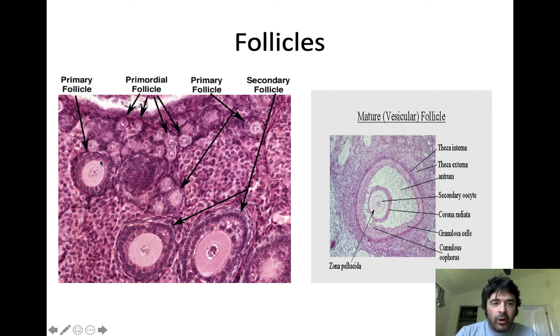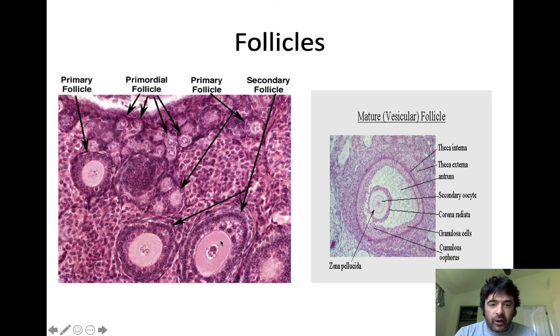With the primary follicle, you can distinguish it because it has a single layer of cells surrounding the developing ovum or egg. So think about that on your handout. Primary follicle as opposed to secondary follicle. Secondary follicles have a layer of cells surrounding them called granulosa cells. And you can see the developing ovum or egg. In fact, it's in a stage of the meiotic division cycles right there.